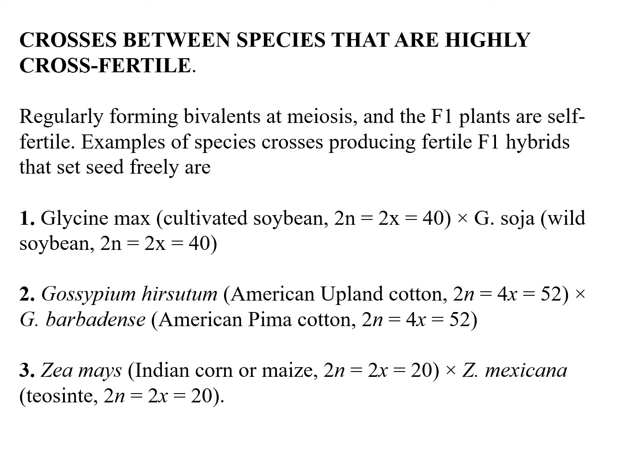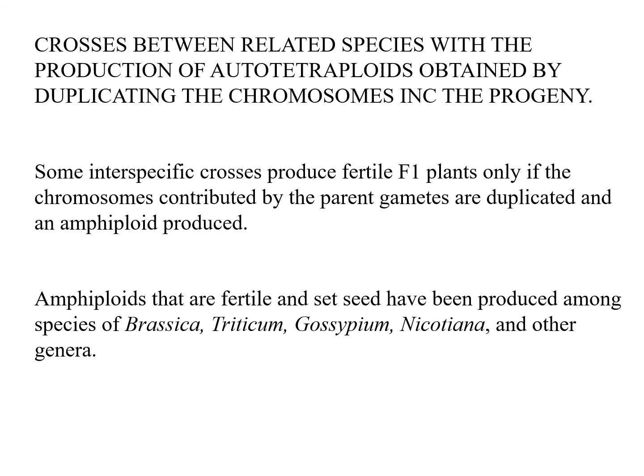In cotton, the American upland cotton with the American Pima cotton, and in Zea mays, which is the Indian corn or maize, with Zea mexicana, or the teosinte, all of these were very successful crosses between two different species.